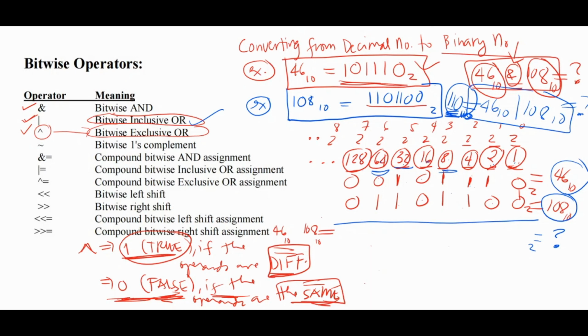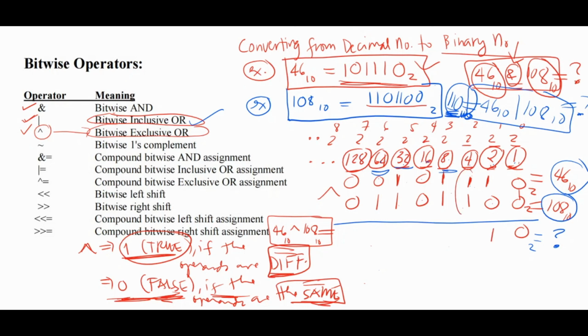So if we're going to perform the bitwise exclusive OR, 46 exclusive OR 108, we do that bit by bit, starting from the rightmost bit position going to the left. Between this 0 exclusive OR 0, it's the same, so the result is 0. 1 exclusive OR 0, it's different, so it is equal to 1.